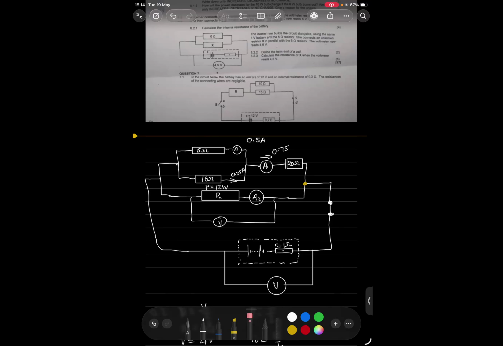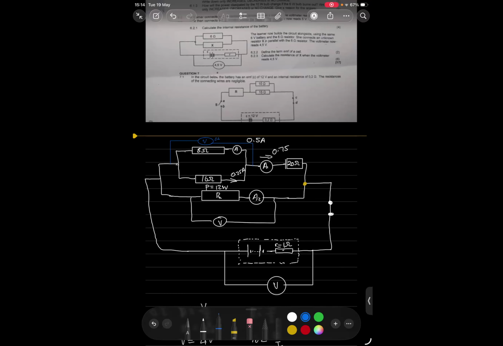I want to know about the current here. Or what's going to be the voltage? Is it 4? The voltage is going to be 4.